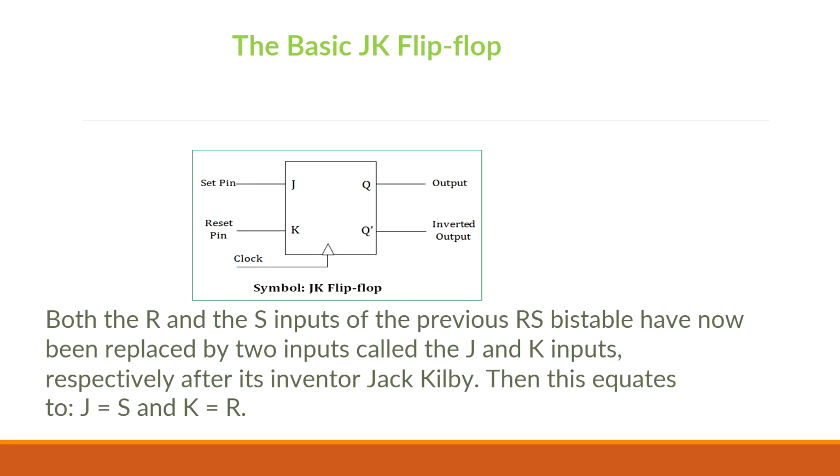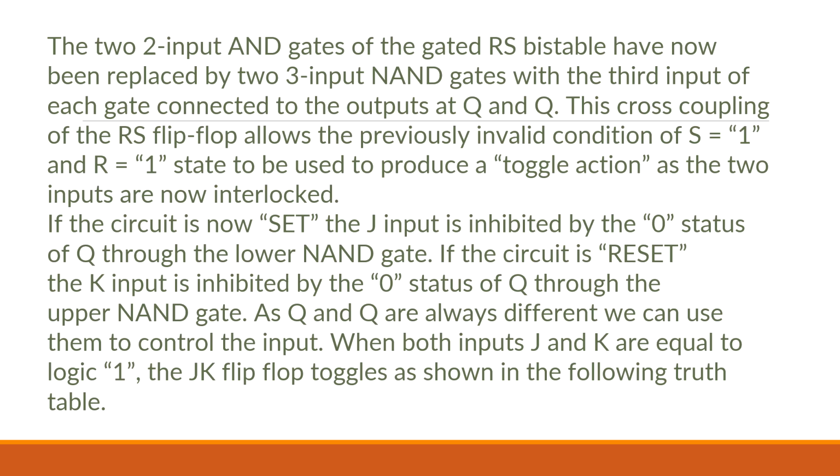Both the R and S inputs of the previous RS bistable have now been replaced by two inputs called the J and K inputs, where J is equal to S and K is equal to R. The two input AND gates of the gated RS bistable have now been replaced by two three-input NAND gates, with the third input of each gate connected to the outputs Q and Q complement.